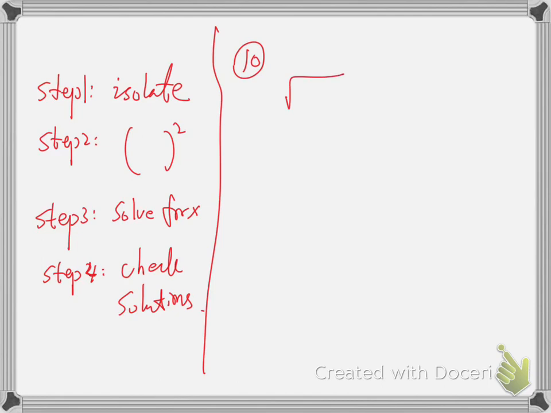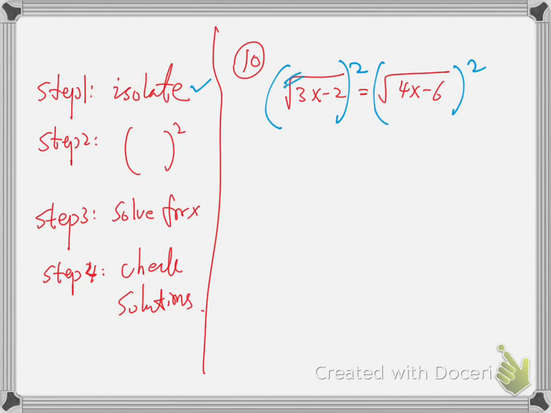So let's look at the easier example, number 10. We got radical 3x minus 2 equals radical 4x minus 6. They are already isolated, so step 1 is trivial. Now step 2, square both sides. After that, the square root and second power cancel on both sides.